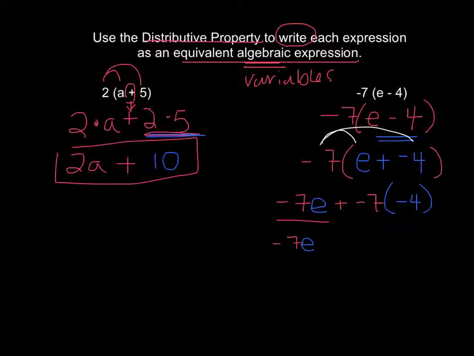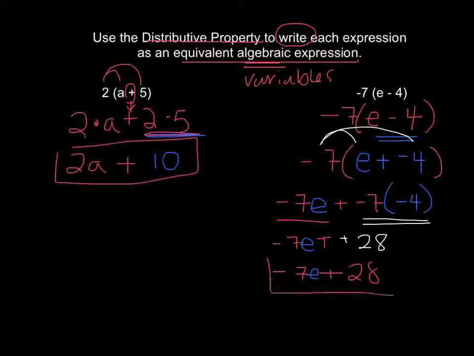We can't simplify that any further, but we can simplify this information. Negative 7 times a negative 4. The negatives will cancel out, so we have a positive 28. So to get this all into one single expression, we can simplify this further and say negative 7e plus 28 is our final answer.